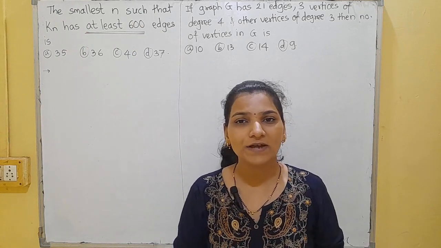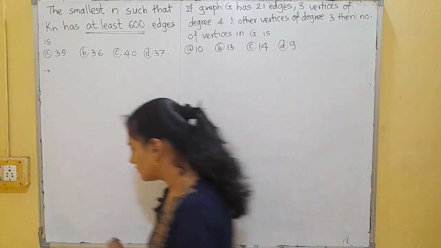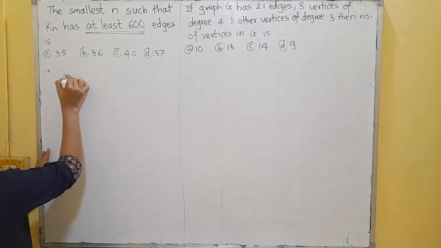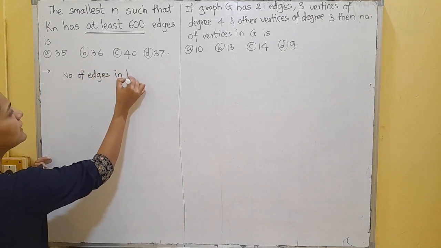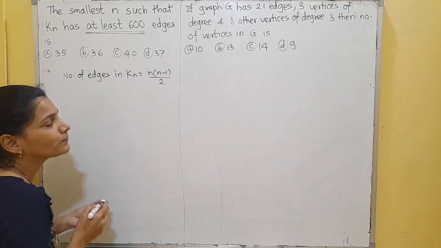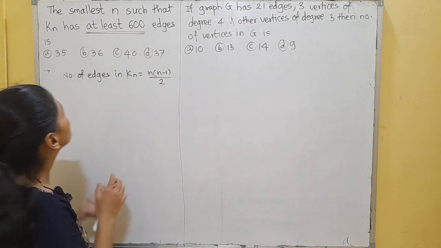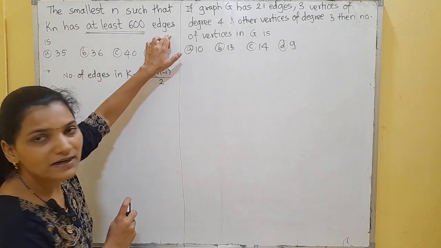What is the number of edges in Kn? n into n minus 1 divided by 2. So the number of edges in Kn is equal to n into n minus 1 divided by 2. They are asking for n such that Kn has at least 600 edges.